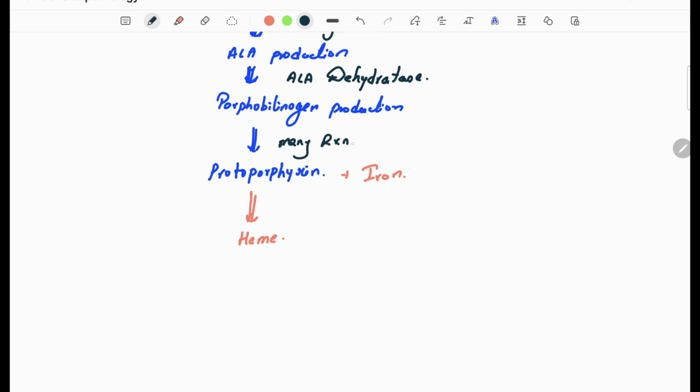Here we undergo many reactions which give rise to the protoporphyrin. Now this protoporphyrin occurs in the mitochondria. This is very important to discuss, and they both combine in the presence of iron chelatase to give heme.